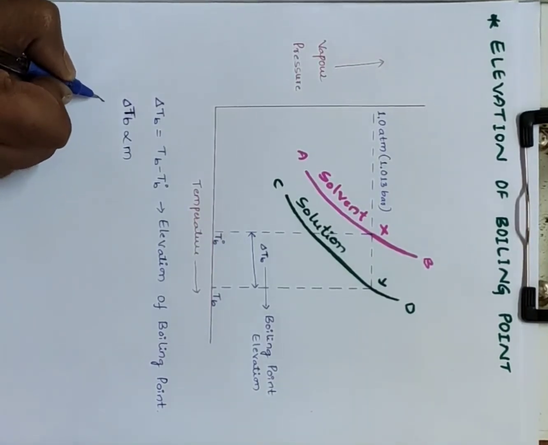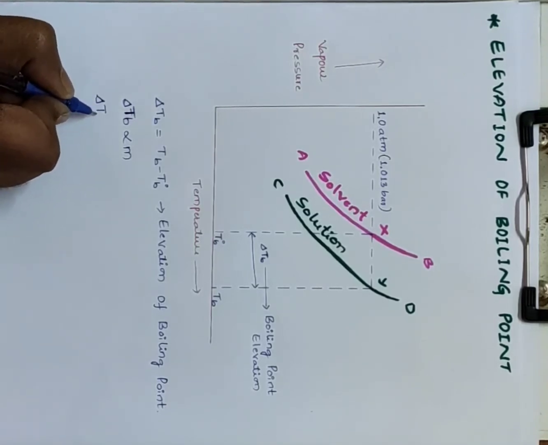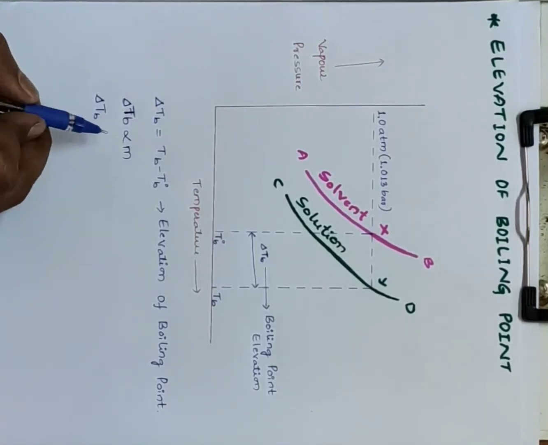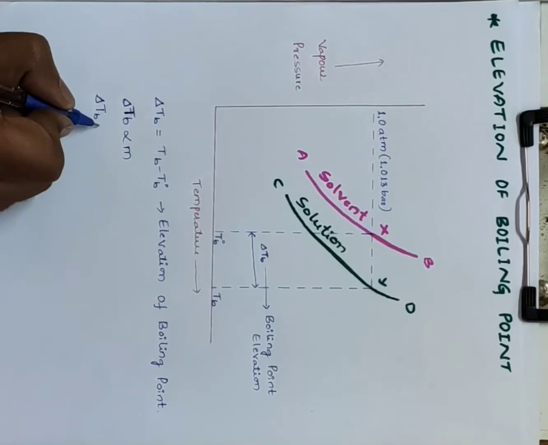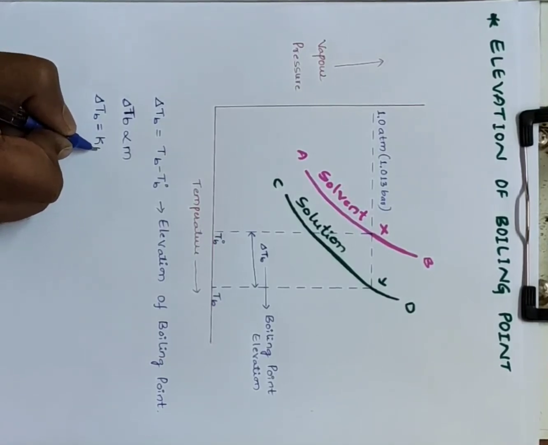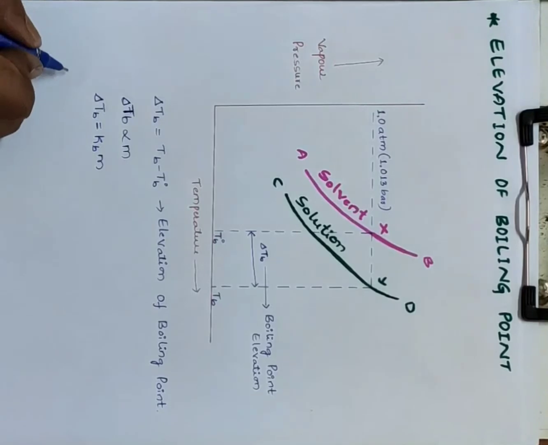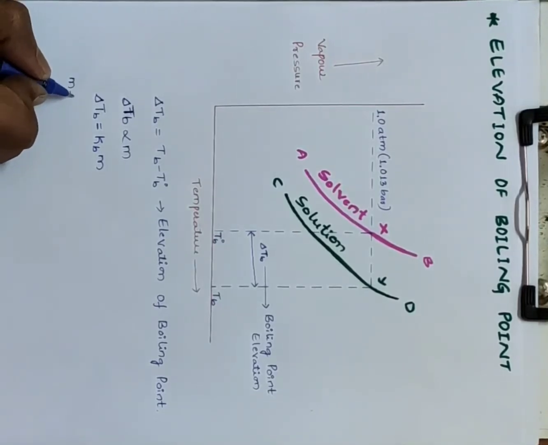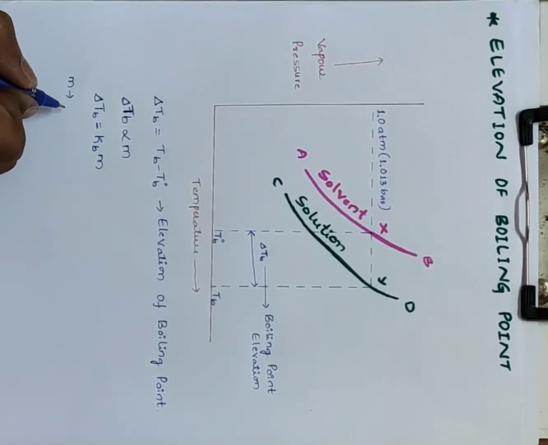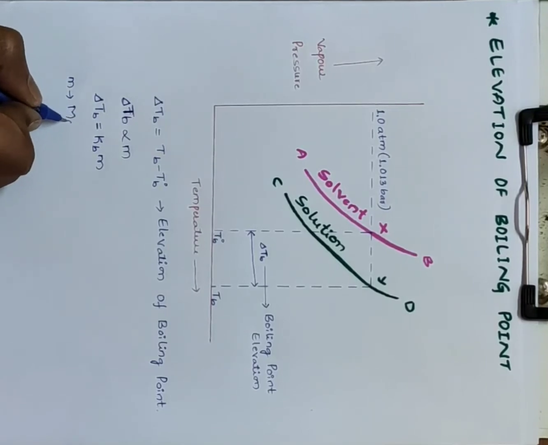Now if I remove this proportionality sign, I need to introduce a constant. So delta TB equals KB into m, where small m is the molarity of the solution.